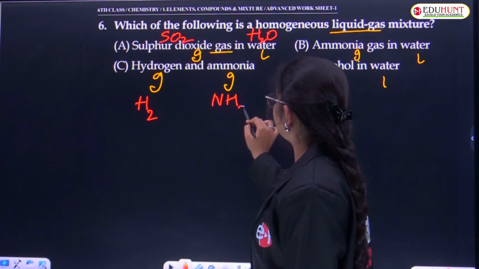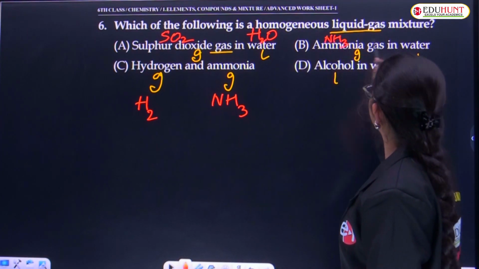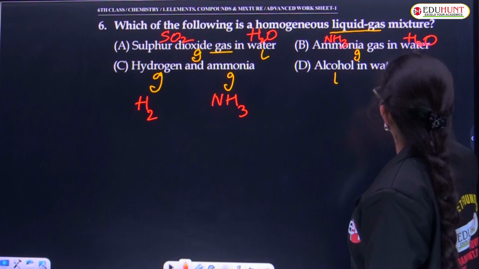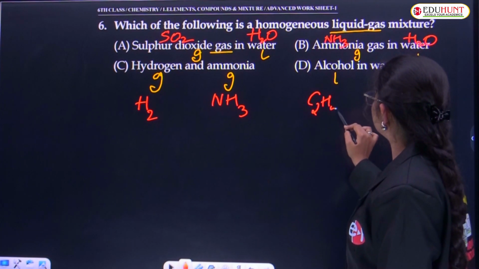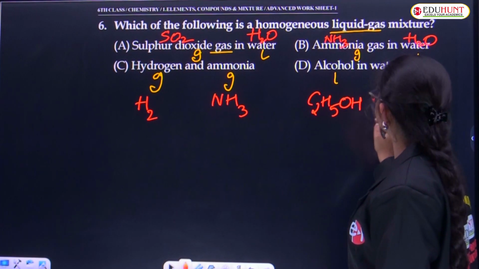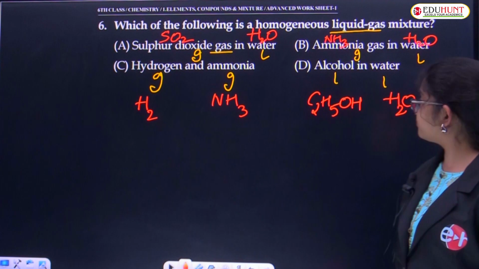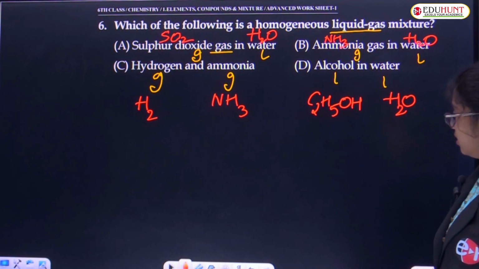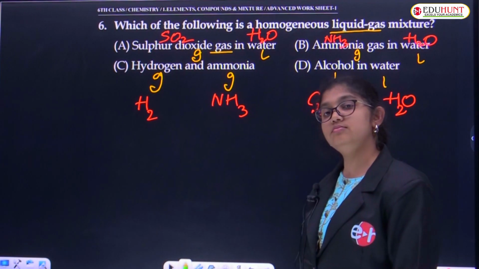Ammonia, NH3. Ammonia again, NH3. Water, H2O. Alcohol, you can write ethyl alcohol, C2H5OH. Water, H2O.